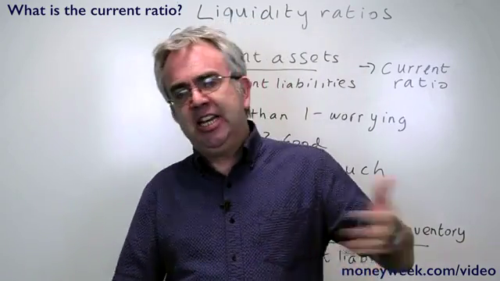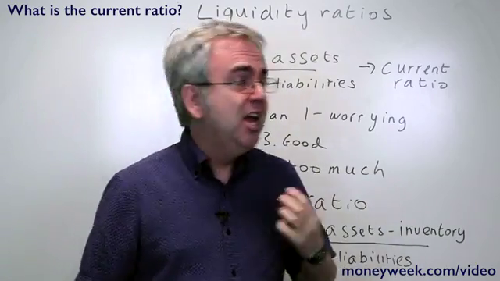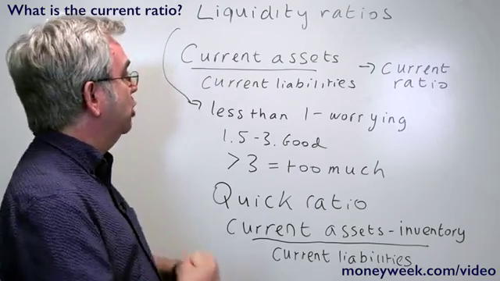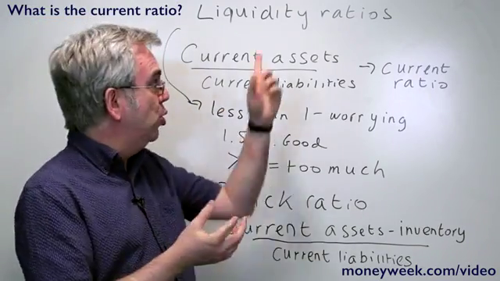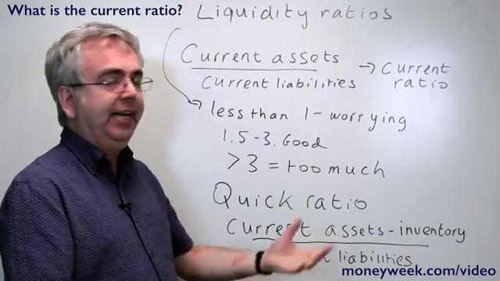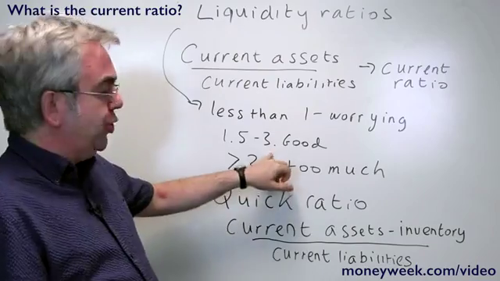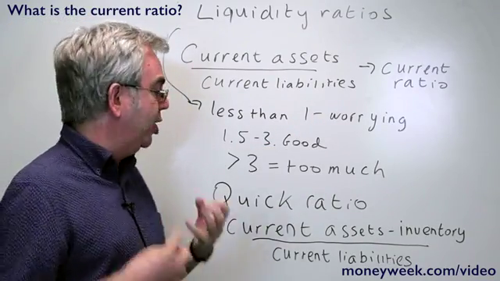Fashions can change. And again, the value of that inventory can fall quite fast. So some people say, well, the current ratio doesn't really tell you the whole story because it includes inventory. And if it's all down to inventory, suddenly that value could fall. And you could go from a current ratio of 2, really nice, to a current ratio below 1 quite quickly.